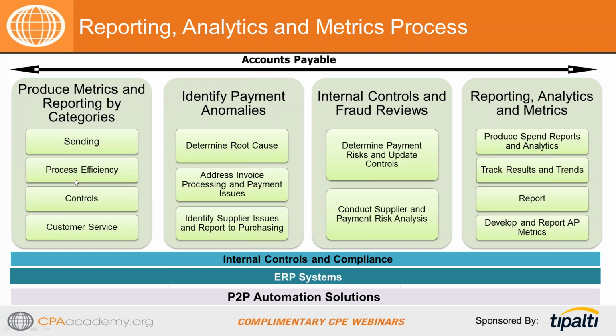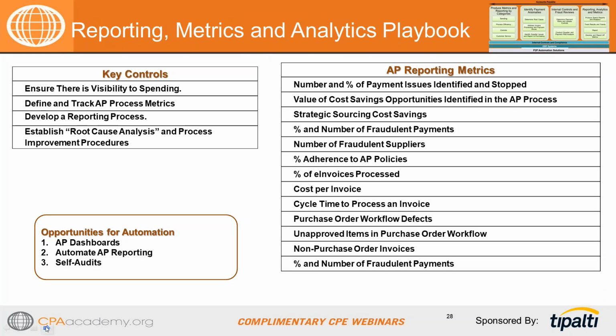We want to look at payment anomalies, internal controls, and fraud reviews, and reporting analytics and metrics are certainly the end result there. The key controls, typically for P2P and focusing on accounts payable: making sure there's visibility to spending, define and track AP process metrics, develop a reporting process, make sure you've got root cause and process improvement procedures in place.